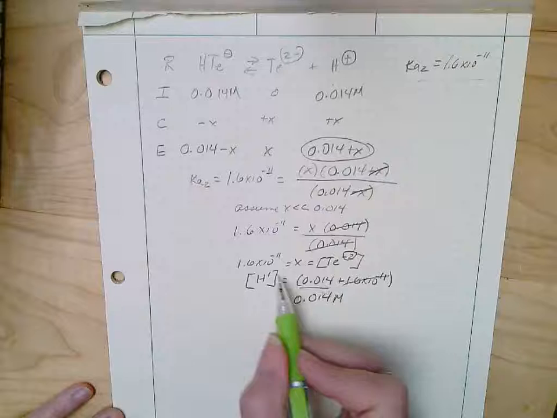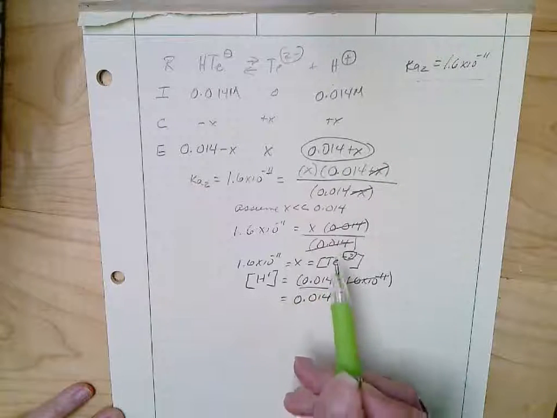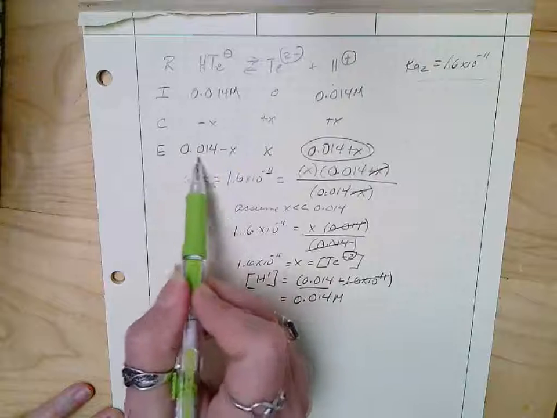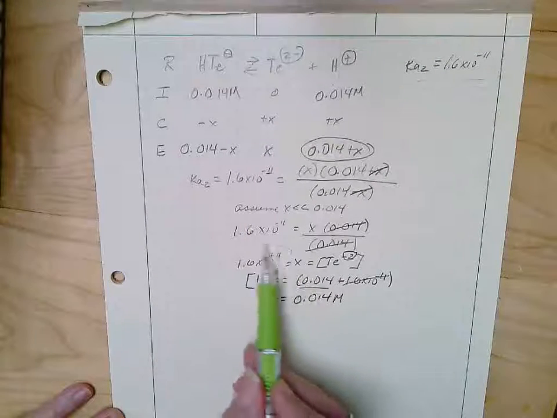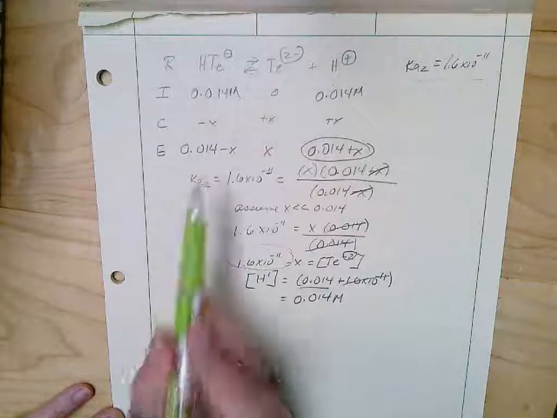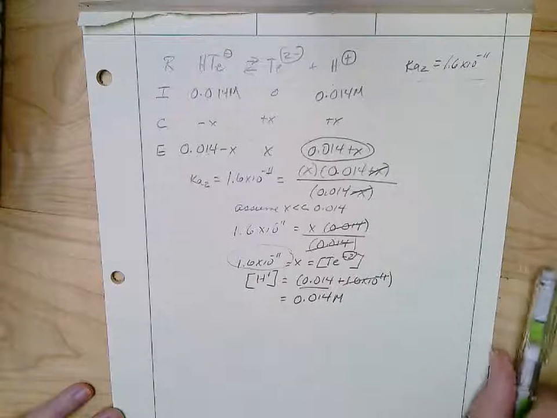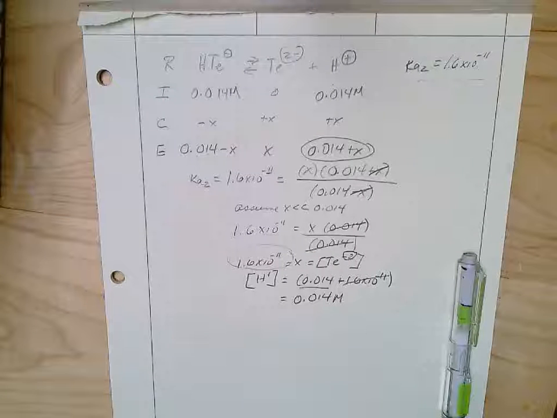And we can see that it would not affect this concentration at all. If I took this number and subtracted this number from it, it would not affect that number at all. So we have confirmed that it doesn't change the concentration.